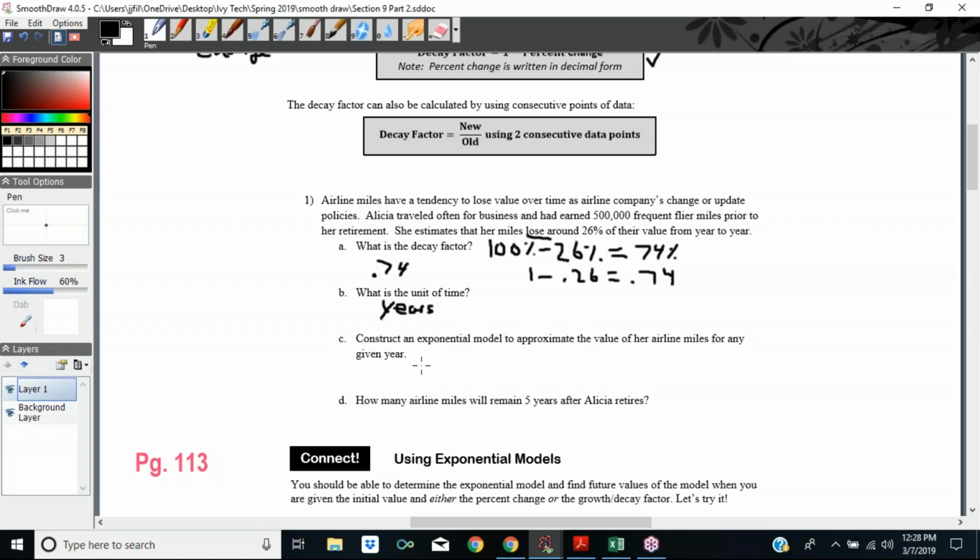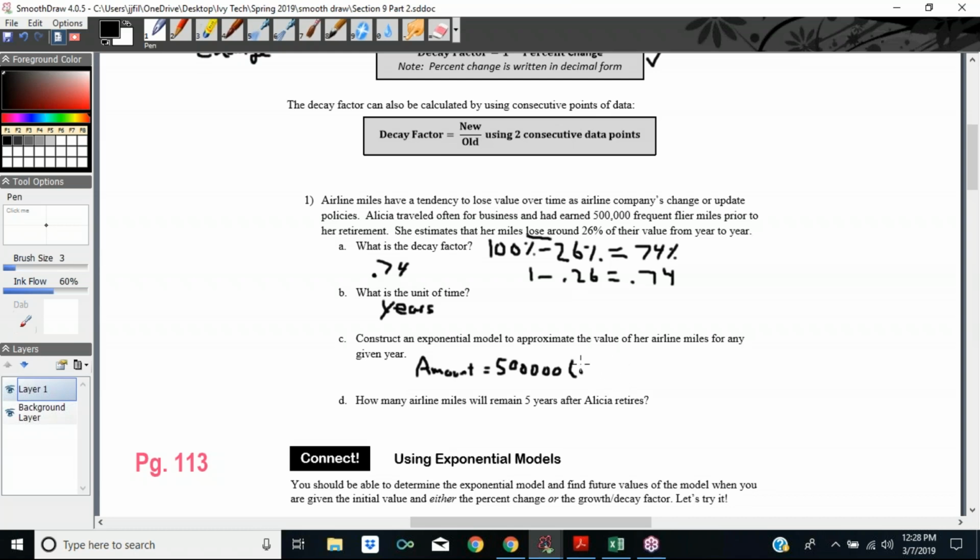Then it says construct an exponential model to approximate the value of her airline miles for any given year. So the amount is the beginning amount, 500,000. Sorry about all that sloppiness with my mouse that I'm writing with.